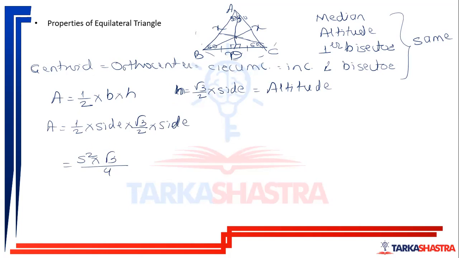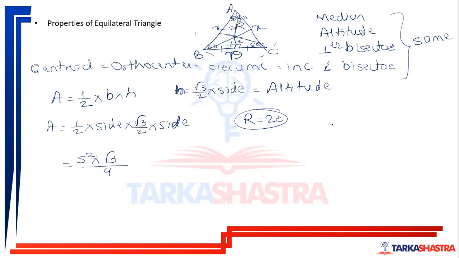Along with this, as you know this is a point which is the centroid, so this will divide the median in the ratio 2:1. But as you know this is also the circumcenter and incenter, so the two-part side of the median will become the circumradius and the one-part side will become the inradius. That means circumradius is equal to 2 times inradius. Correct?